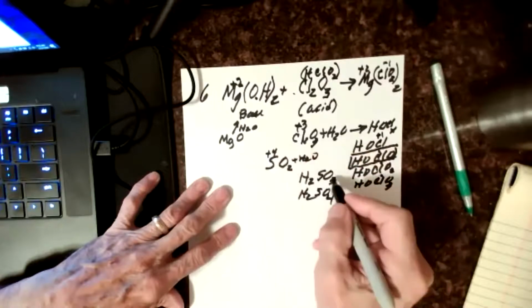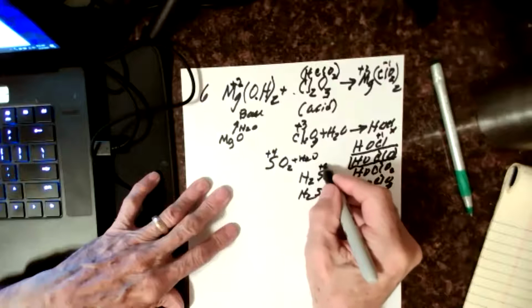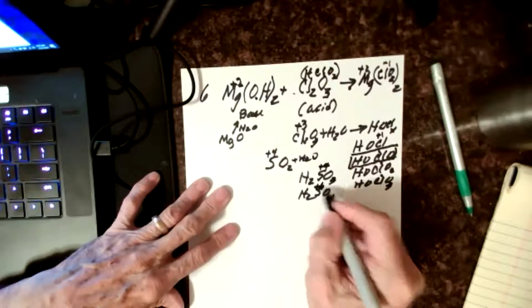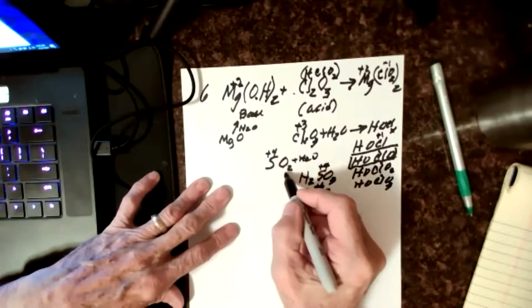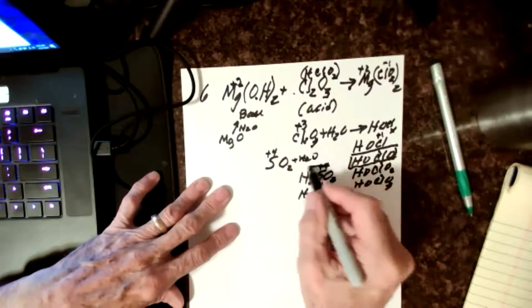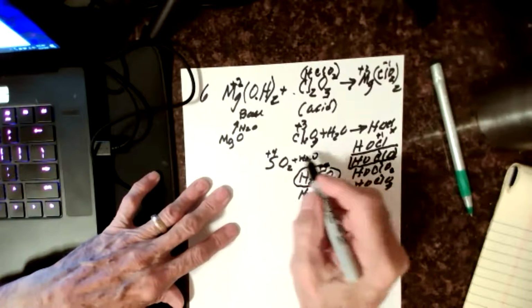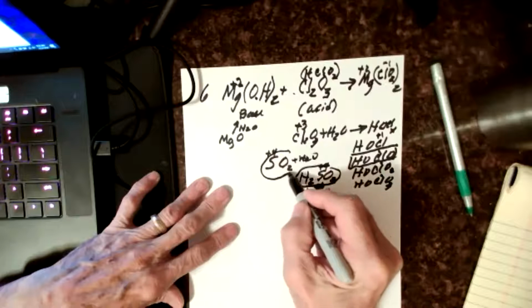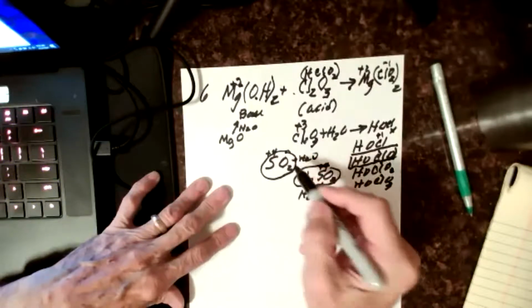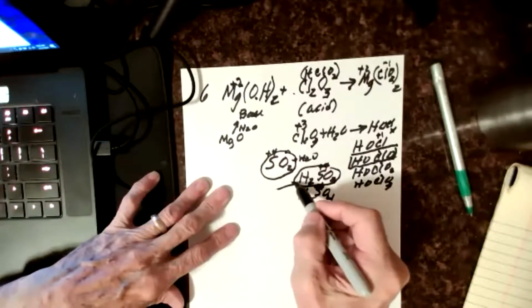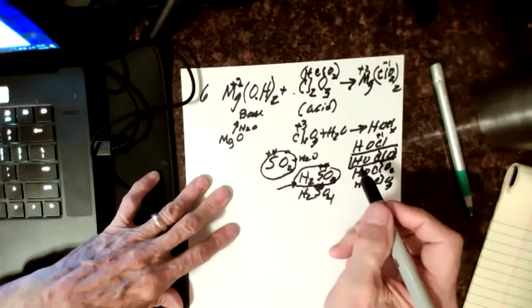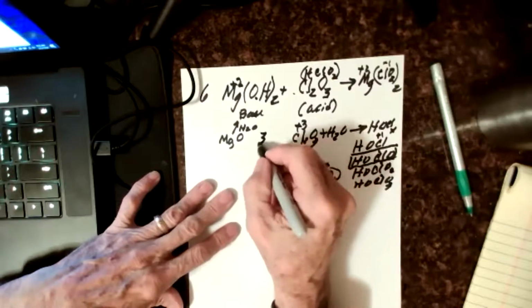It's going to be the one that's +4. This one's +4. This one's +6. So if I put SO2 in water, it would make H2SO3. And so SO2 in aqueous solution is going to do the same thing that sulfurous acid would do. SO3 would be the other one.